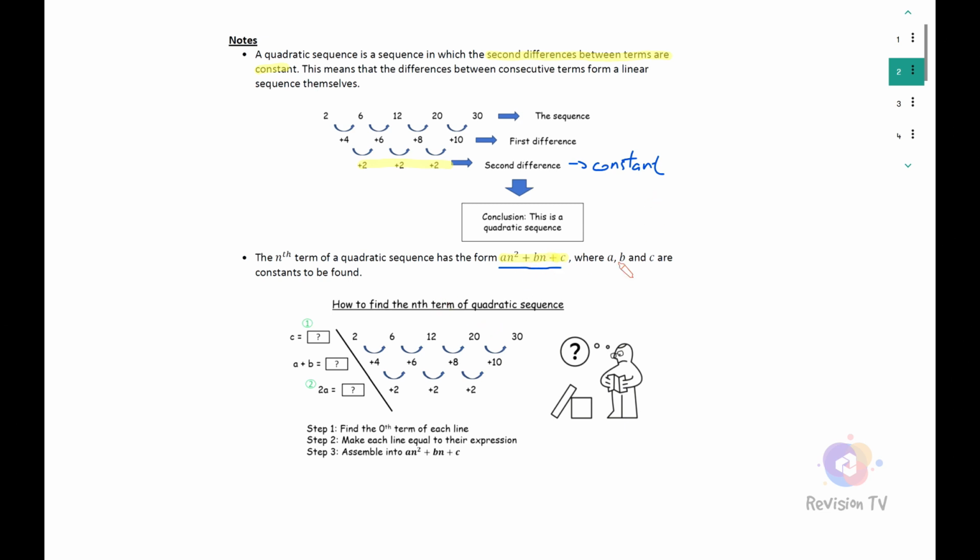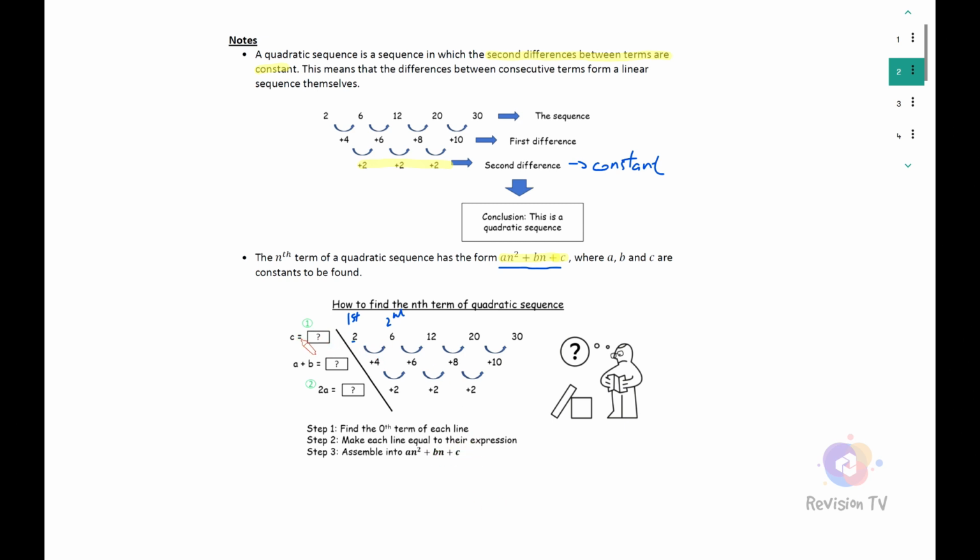Right, to find the nth term of a sequence, I've made you an IKEA menu. First step, you have to find the zeroth term of each line. So that's the first term, this is the first term, second term. You can see 2, 6, 12 is the same as the one on top, but you find the zeroth term, the number in the front. And then you're going to make each line equal to the expression.